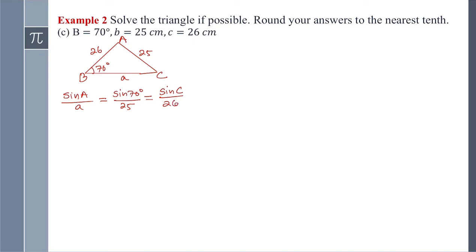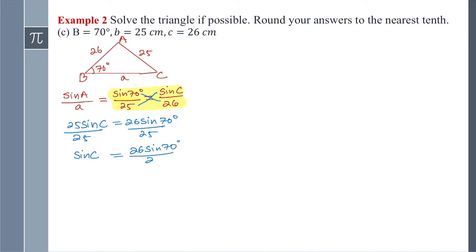So what we need to do is, we cannot find A first because both the quantities here are unknown. So we are going to use these two and find angle C first. Let's do the cross multiplication. When I do cross multiplication here, I get 25 sine C equals 26 sine 70 degrees. If you divide by 25, we get sine C equals 26 sine 70 over 25.